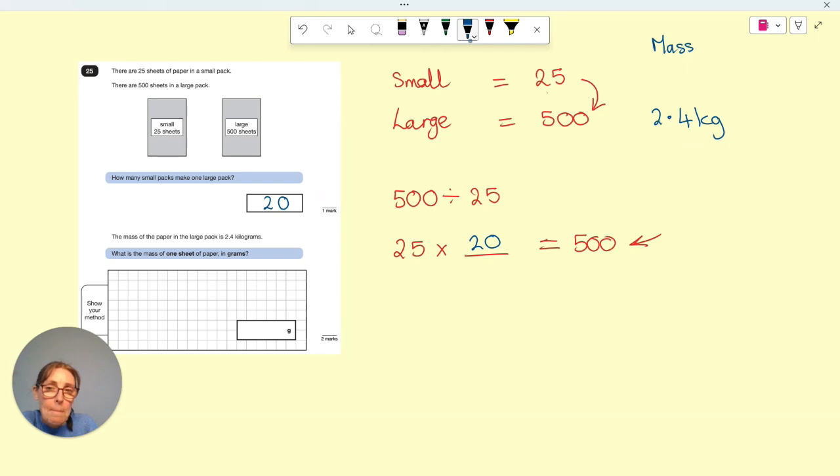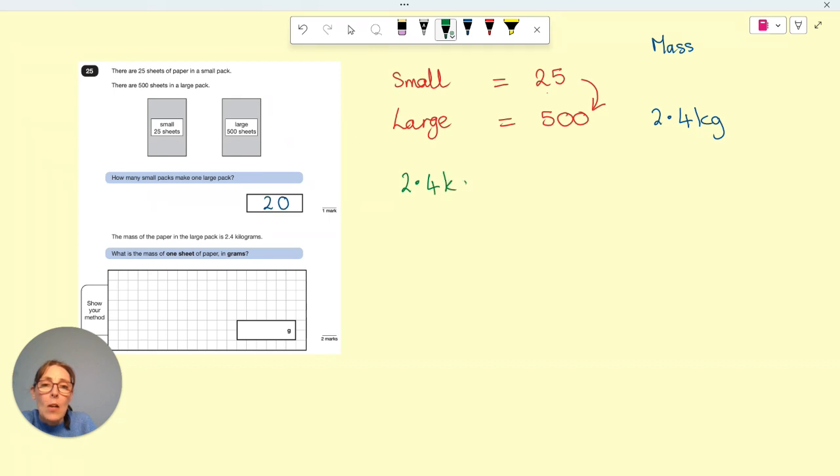So, all right. So kilo means 1,000. 2.4 kilograms means 2.4 times 1,000 in grams.